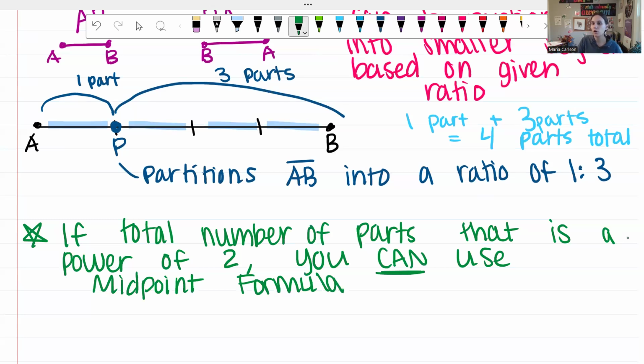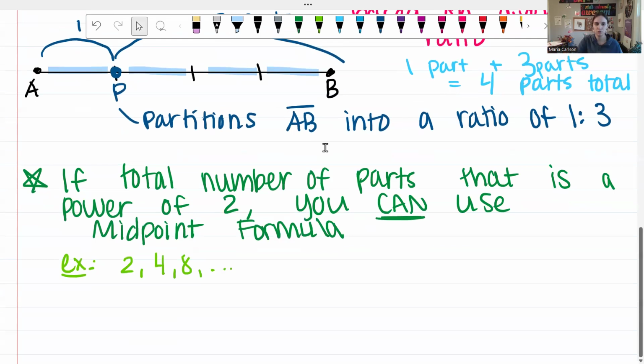If it is a power of 2, that means the total number of parts is 2 parts, or 2 squared, which is 4 parts, or 2 cubed, which is 8 parts, and so on and so forth. Then we can use the midpoint formula.